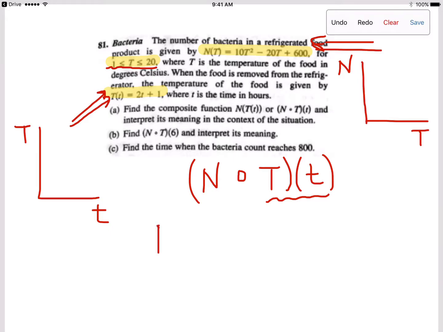So what I'm asking you to find is N of 2t plus 1. In this scenario, we go back to the N function at the top. Every place we have a capital T, we are going to replace it with the quantity 2t plus 1.